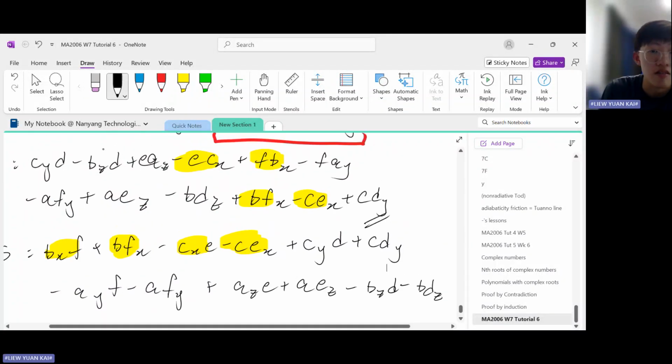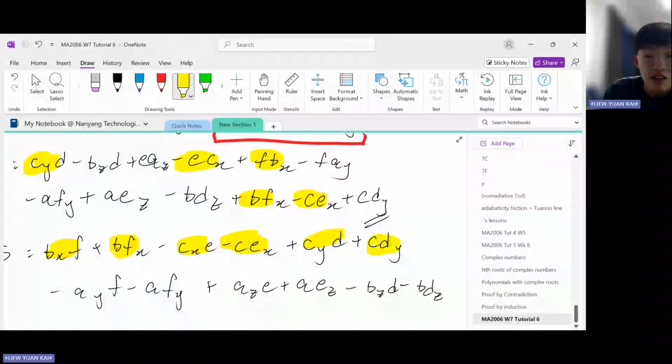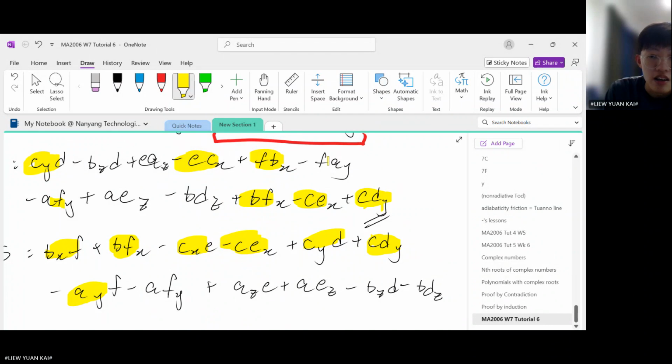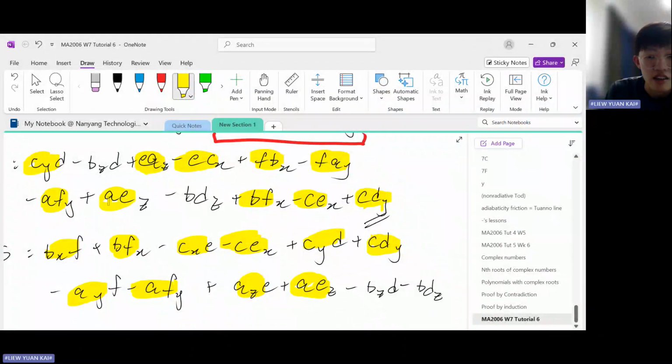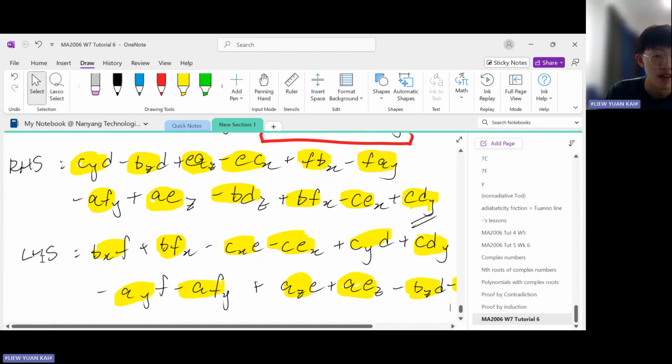Let's continue. CYD, CDY. AYF is this one, minus AYF. AFY. AZE is over here, AEZ. Minus BZD, minus BDZ. So the left-hand side is equal to the right-hand side.